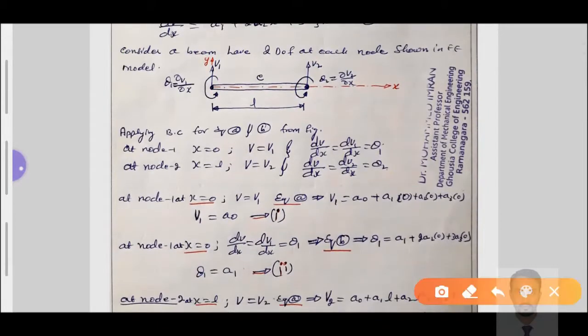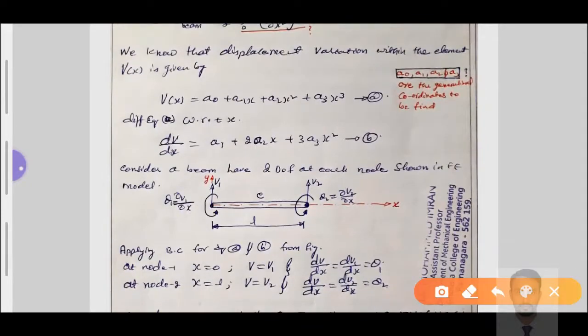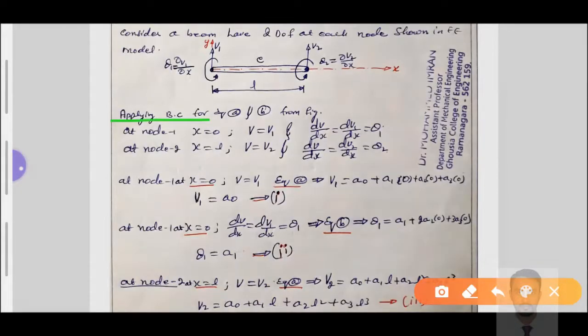With respect to this beam element, we have boundary conditions to be applied to equation numbers a and b to find the values. At node number 1, x is equal to 0, v becomes v1, and ∂v/∂x, or dv/dx, which is dv1/dx, is equal to theta 1.